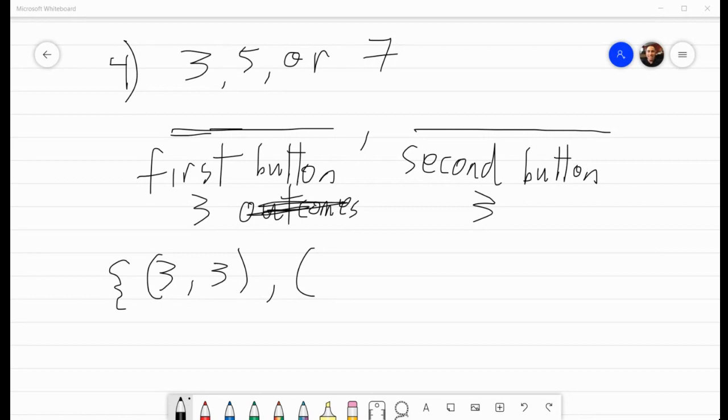And then the second button could give us back 3, 5, or 7. So I'm listing all the outcomes. Each time you press a button, you're getting one of those 3 odd numbers. Then we have 3, 7. So these are the outcomes where the first number that the computer gives back is 3.